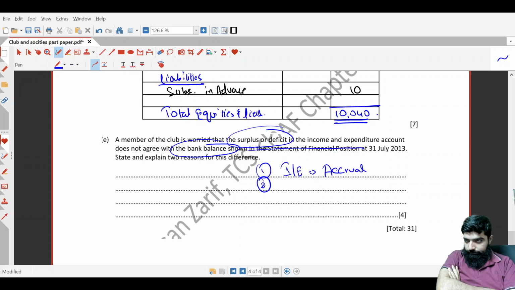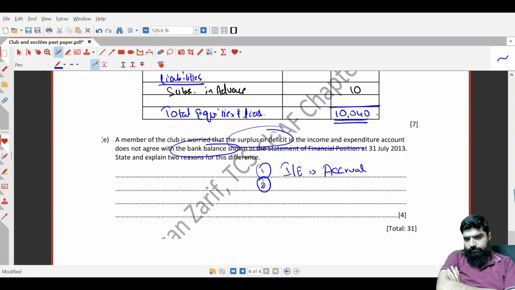The second reason is that the income statement has non-cash items. The surplus or deficit can include depreciation or the loss on the sale of assets. And sir, capital receipts and payments in the accumulated funds also affect the bank balance, but they are excluded from the income and expenditure account.